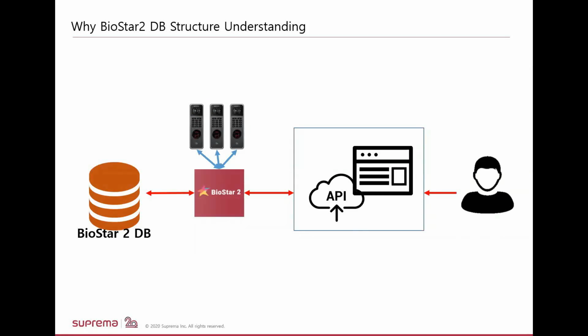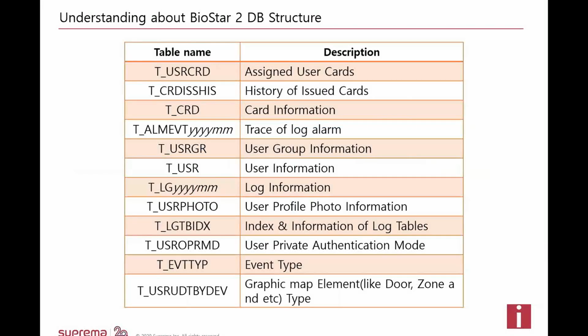In order to accurately understand the operation and structure of BioStar 2 API, it is necessary to understand not only the functions of API, but also the structure of BioStar 2 DB. I summarized the BioStar 2 DB's tables that are mainly referred to when integrating as follows. For more information about each table, I put an icon on the right bottom. Please refer to the article later.